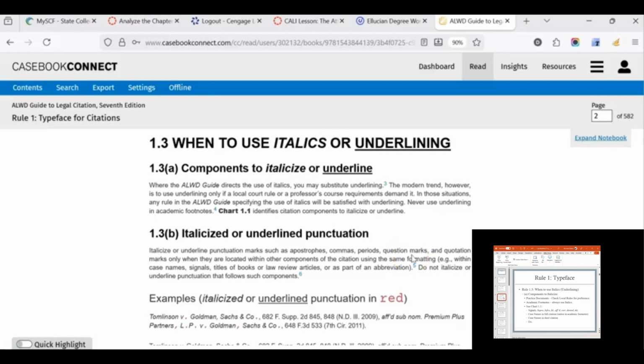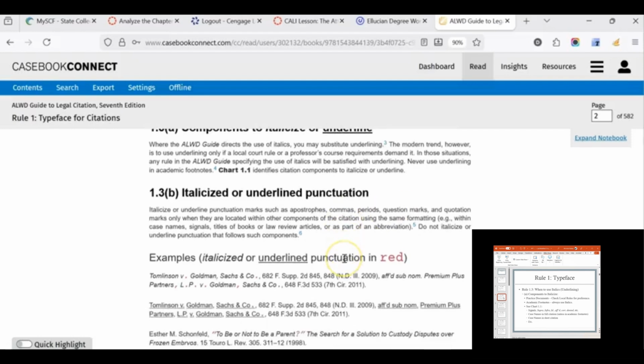Either one is perfectly correct until you get to your local rules. All right, so for Florida, they prefer underlining instead of italics. But that's a local rule. Okay, but for ALWD, you can use either one, italics or underlining.